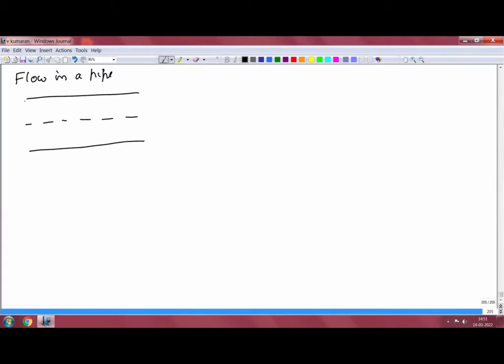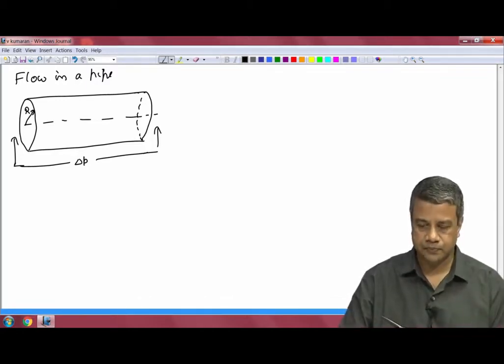We have a pipe of radius R, across which we have applied a pressure difference delta P, and we wanted to determine how the flow rate is related to the pressure difference.